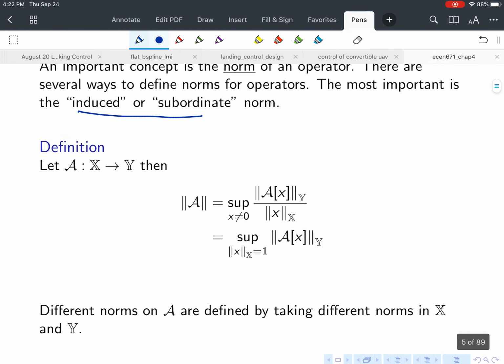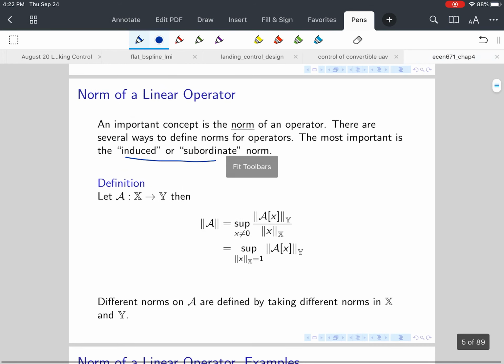Okay, so here is the standard definition for the norm of an operator. If you have an operator A from X to Y, these are two inner product spaces. Actually, these only need to be normed spaces to be able to define this. Then the norm of the operator is going to be equal to the supremum over the set of all x not equal to 0 of the vector norm in Y of A operating on x.